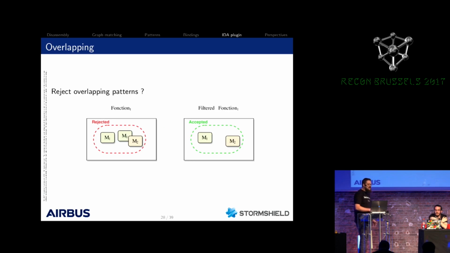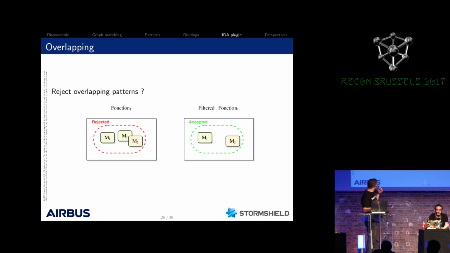The last one is the overlapping. So for example, again, the RC4 set key, we have the 2 loops. We create one pattern for the first and another for the second. And if we match the same loop with those 2 patterns, that means we matched the same loop, and we don't want this.